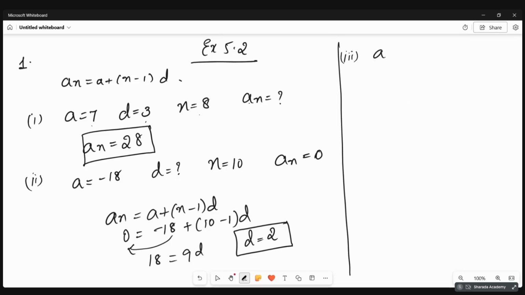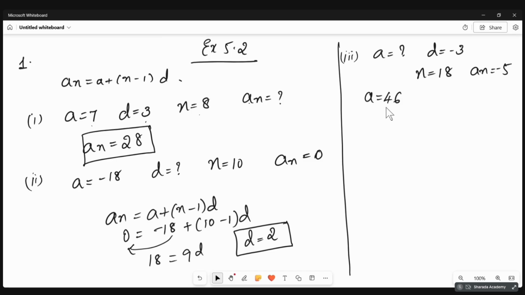Third one, A you should find. D is equal to minus 3, N is equal to 18 and An is equal to minus 5. Most of the things you have got, I think. The third one, what is the answer? A value? 46. So fourth one, I think everyone did, right? Fourth one also you know how to do.